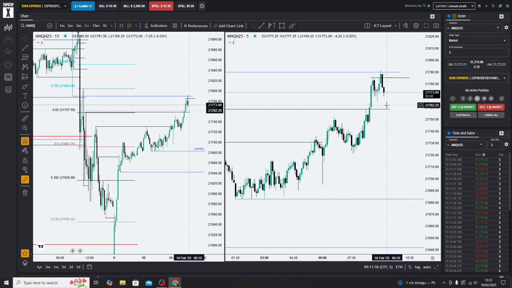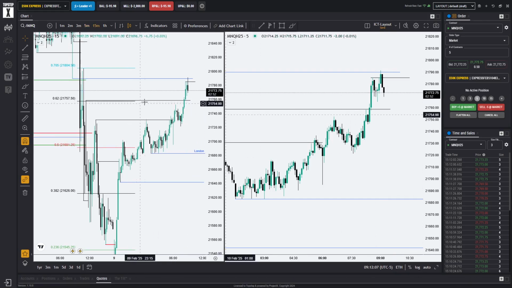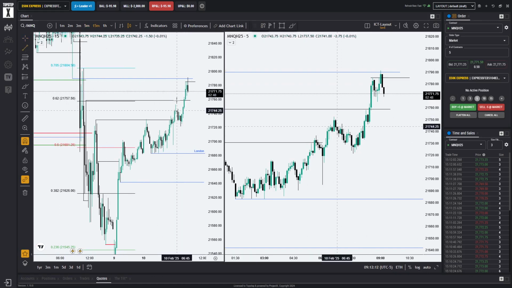We could get a push down here into the breakout line, maybe even into this line here.